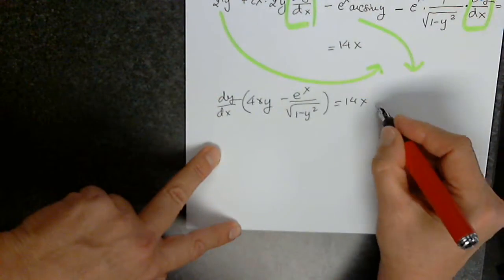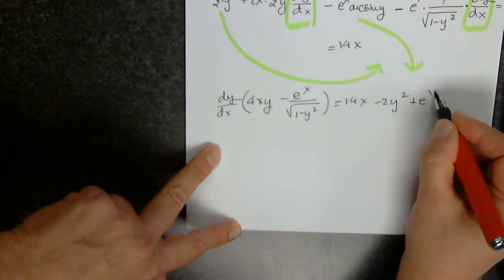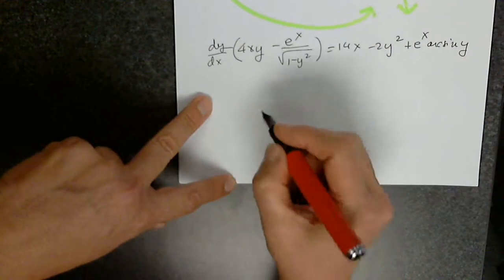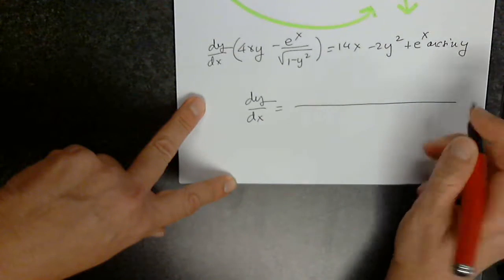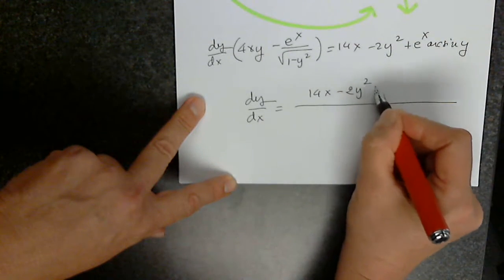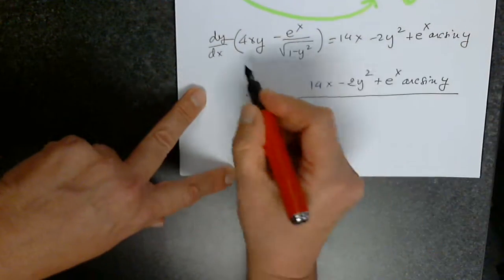I bring this negative 2y squared, and I bring this positive e to the x arc sine y. And the final step, dy over dx equals all this, 14x minus 2y squared plus e to the x arc sine y, over this.